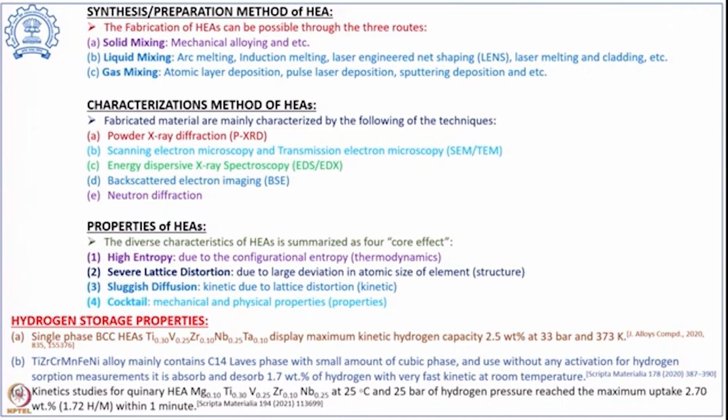These are well characterized. If we try to categorize their properties, then the diverse characteristics of the high entropy alloys, some of the high entropy alloys have proven to have very good chemical and mechanical properties as against even the conventional alloys.